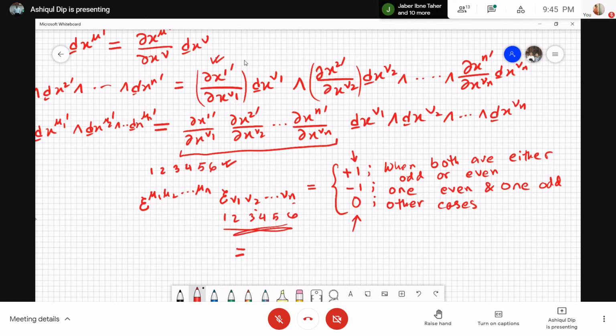So if you have the lower one as 5 4, do you get +1 or -1? -1, obviously. If you have 1 3 2 5 4 6, do you get +1? You get a +1, right?